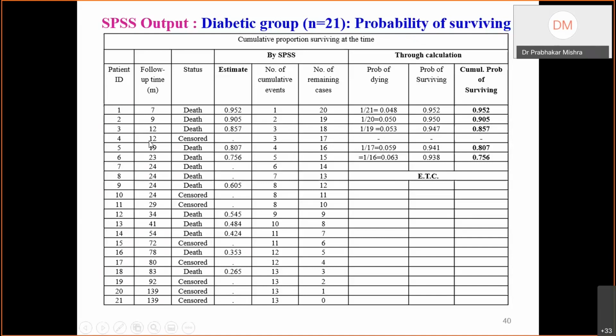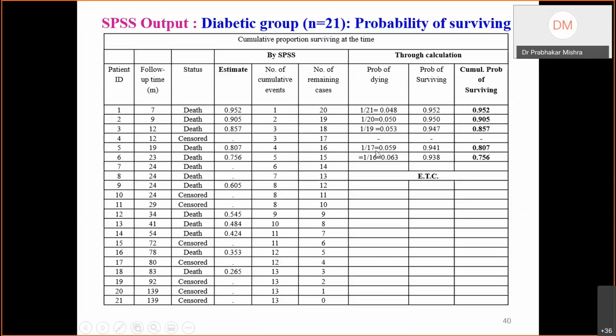And see, next patient censored, so it means it has not died, so the probability will not change here. But here the next patient died in the 19th month of the follow-up. So up to here 17 patients are remaining. How? One patient, second, third, fourth, and it is 21, so 21 minus 4 equals 17.